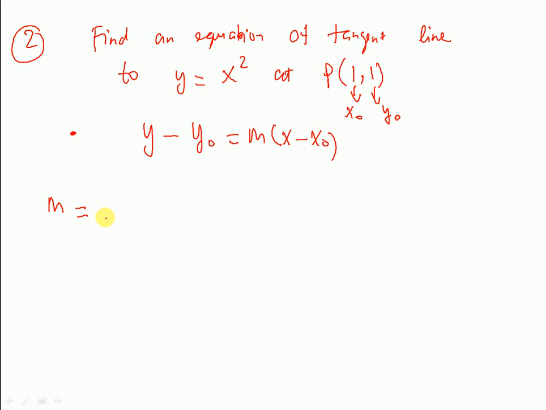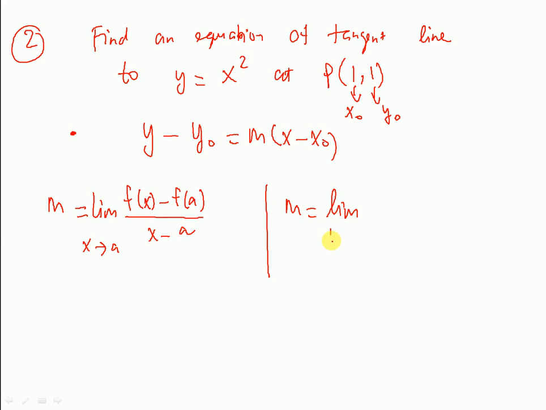Now remember the formula. We have two different formulas. One, the slope is the limit as x goes to a of (f of x minus f of a) over (x minus a). Or the other one, m equals the limit as h goes to 0 of (f of a plus h minus f of a) over h. If you use these two limit definitions, you can find the slope.